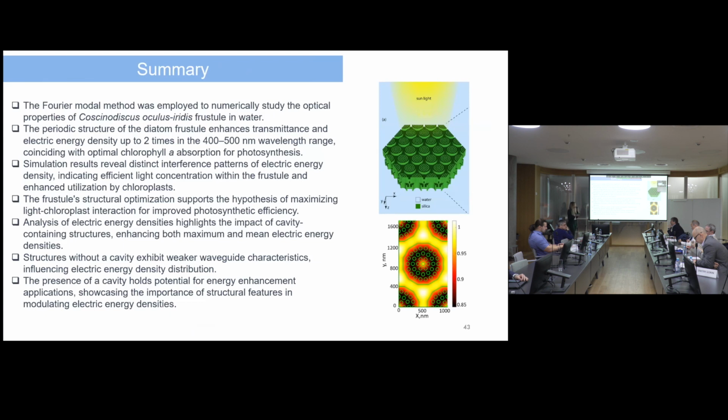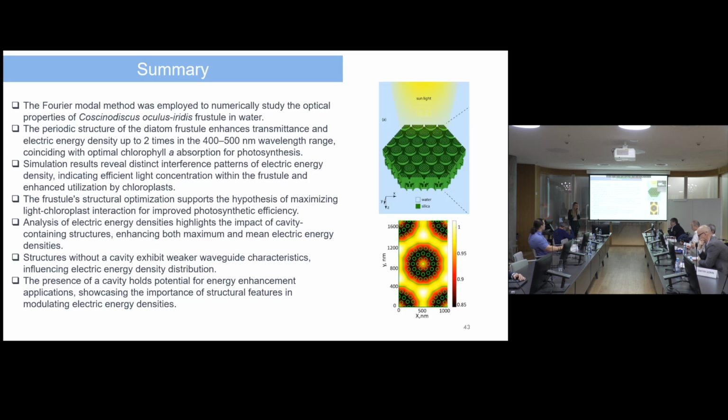I would just like to sum up this part. So we applied a Fourier modal method to numerically study the optical properties of Coscinodiscus oculus-iridis in water. Such a periodic structure enhances the transmittance of light in the region of wavelengths 400 to 500 nanometers up to 2 times compared with a non-periodic structure with the same material and the same thickness.